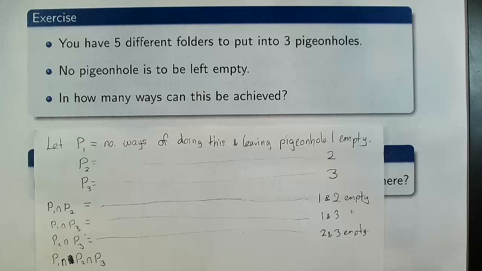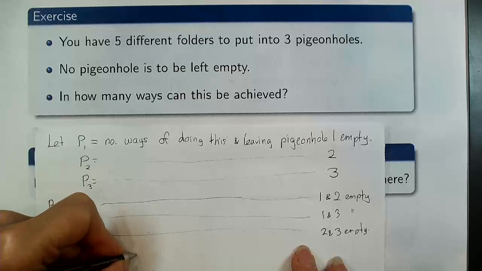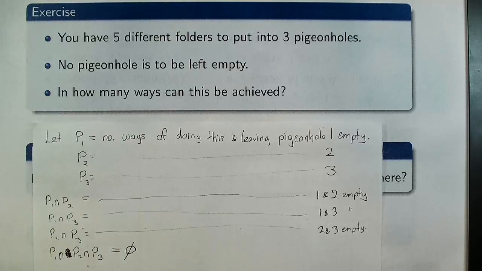But here, what I'm looking at is the number of ways of putting the 5 folders in the 3 pigeonholes. So it's the empty set, because the folders have to go into a pigeonhole. It's okay to leave 1 or 2 holes empty, but you've got to have them somewhere. So it's actually the empty set, because you can't leave all 3 pigeonholes empty.